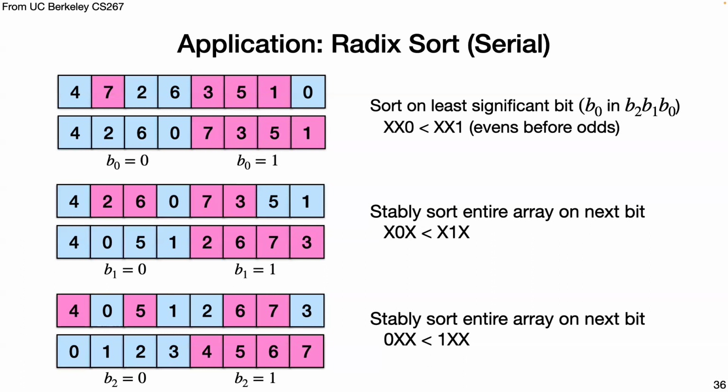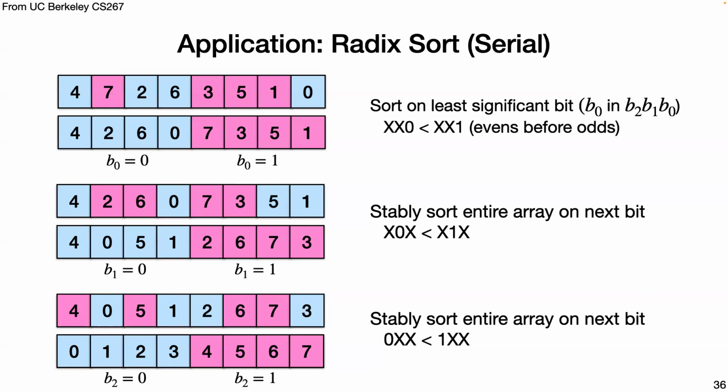So we bucket them again, and we move the things with bit 1 equal to 0, which is blue, to the left, and pink goes to the right. And in the end, they're sorted. Does it make sense why this works? So that's how you do it in serial.